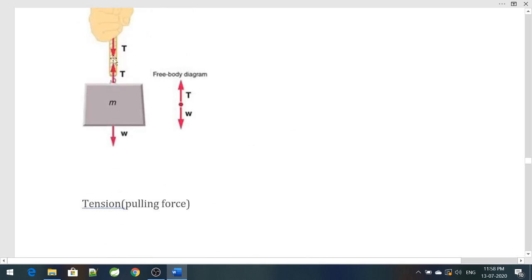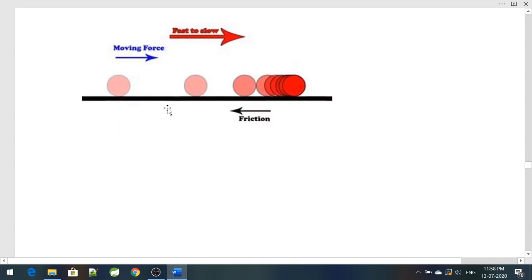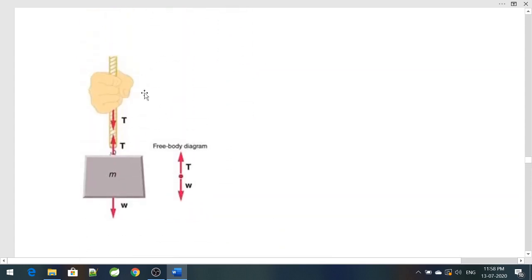Here, see. Tension is exerting on this mass, an object having a weight. So tension is exerted in this direction and this direction, and gravitational force acts on the mass body.